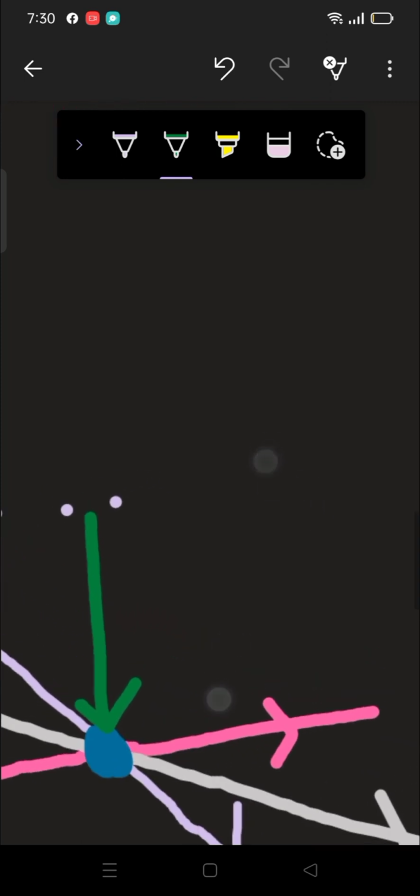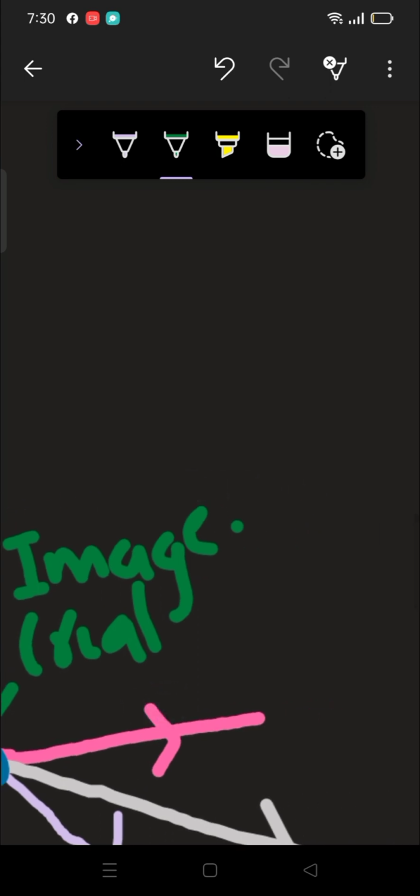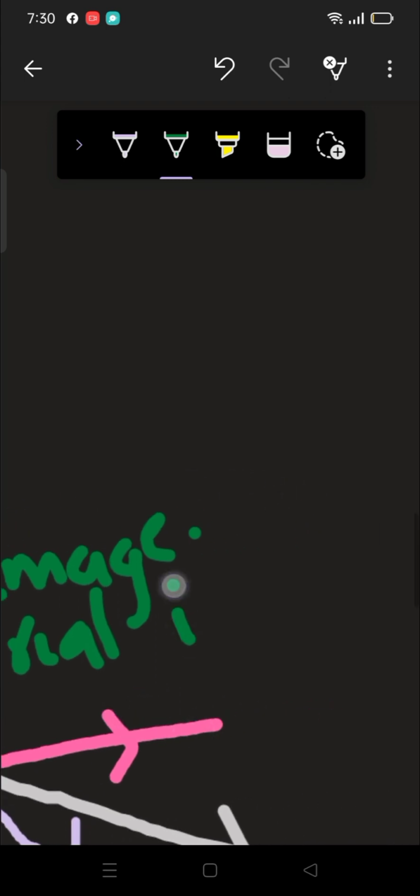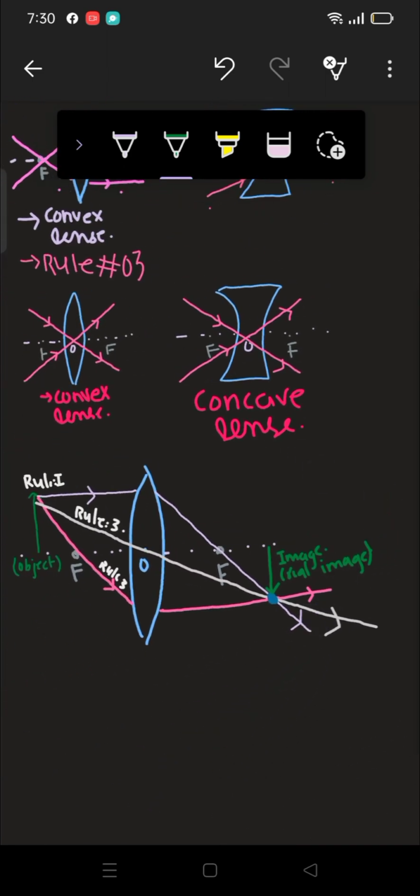So here our image would be formed, and that would be a virtual image, because this image is made on the same side of the lens. Wait, a real image is one made on the other side of the lens, and it is always inverted. A real image is always inverted and a virtual image is always erect.